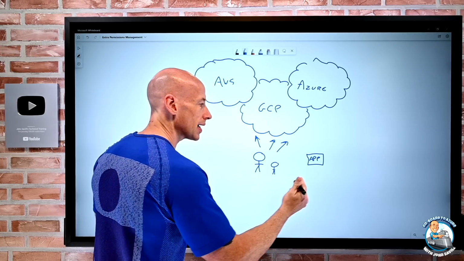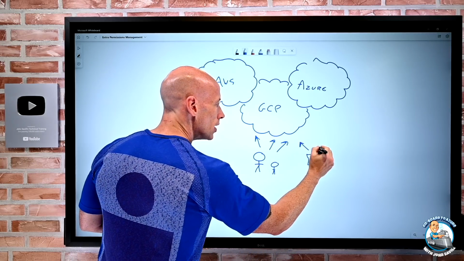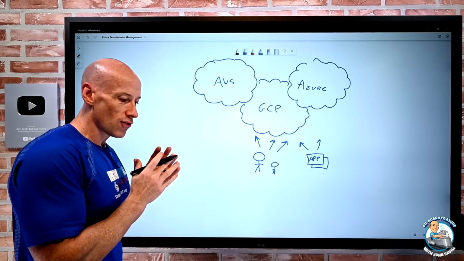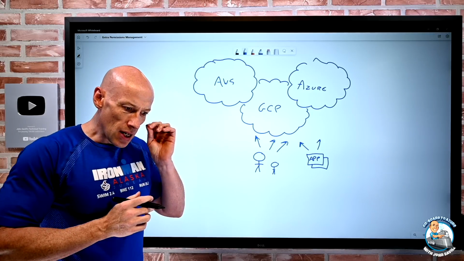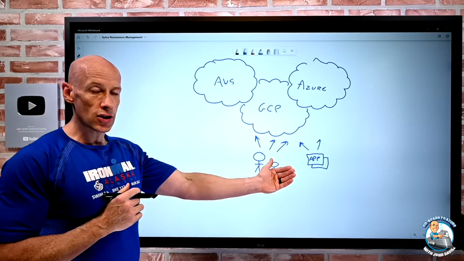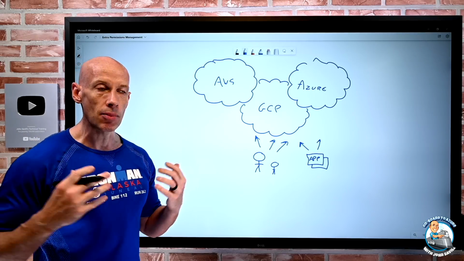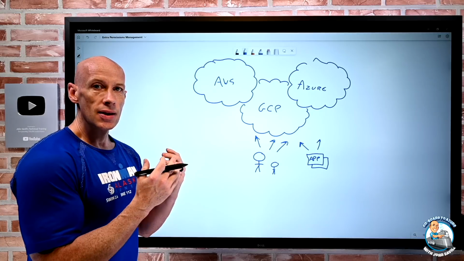And these applications, they have service principals, they have identities of their own that are also used against the various clouds. And we want to think about, well, what are the high-risk privileges? Who has these high-risk privileges? Do they actually need them? What are the permissions that they're using?